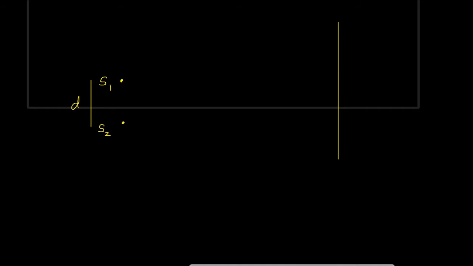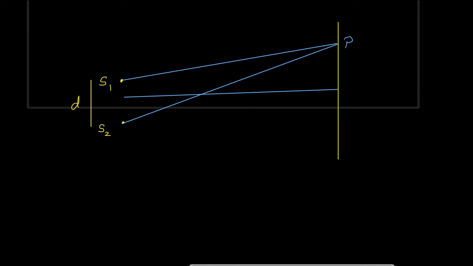Let us consider the nth bright fringe is produced at the point P on the screen. Let capital D be the distance between the coherent sources and the screen.